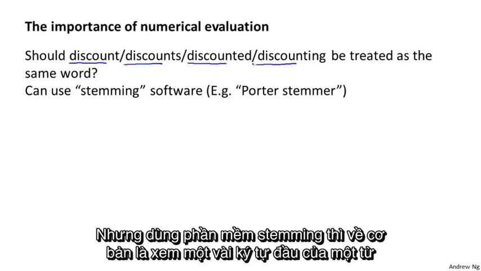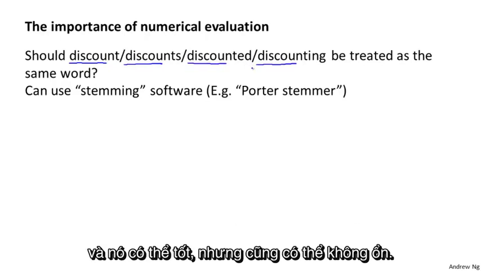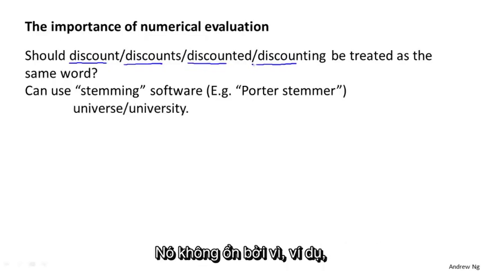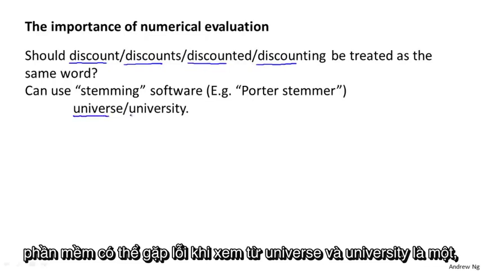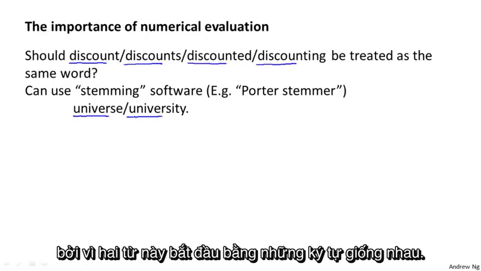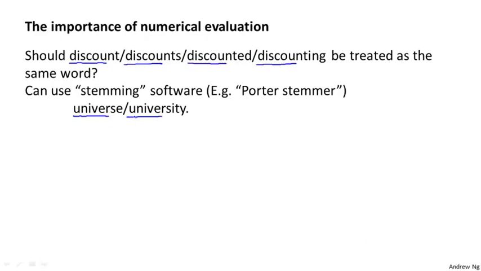But using stemming software that basically looks at the first few letters of a word, more or less, it can help and it can hurt. And it can hurt because, for example, the software may mistake the words universe and university as being the same thing because these two words start off with the same letters.